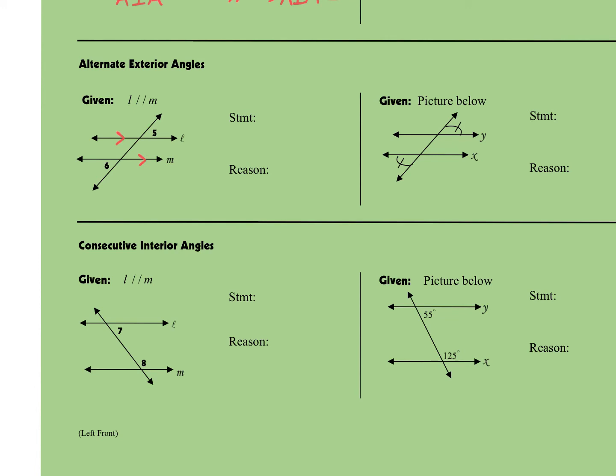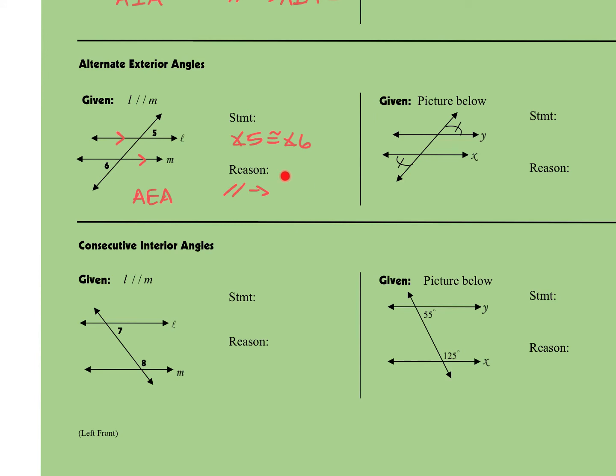We know that on our reason, we're going to ultimately start with those parallel lines. The angles we're given, we can see are alternate exterior angles. Our eyes are pretty clear to us here. We can make a guess what our statement's going to be about, and that these angles are going to be congruent to each other. And that's what we'll say here, angle 5 congruent to angle 6.